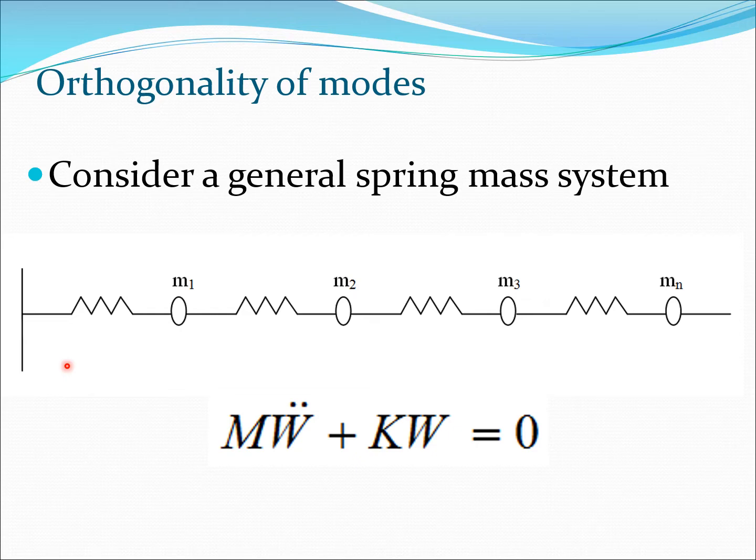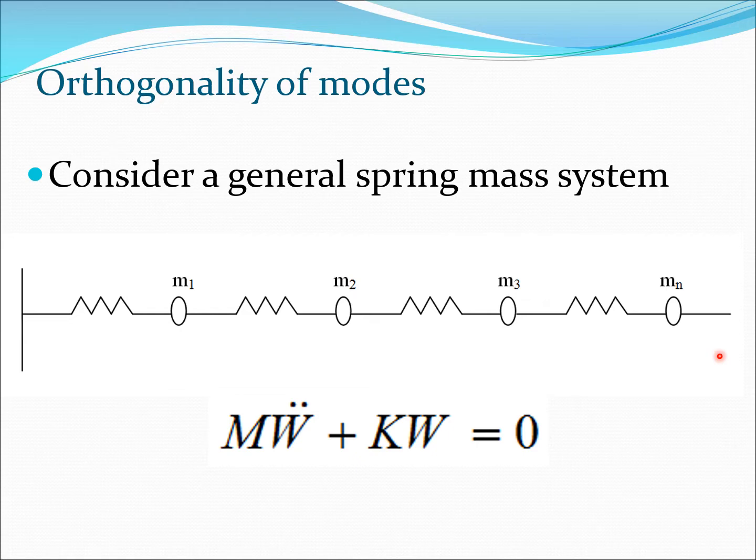Now let us extrapolate our 2 degree of freedom system to a multi-degree of freedom system, such as this given here, where there are a series of masses connected by a spring. And this could be a general spring mass system of any sort.